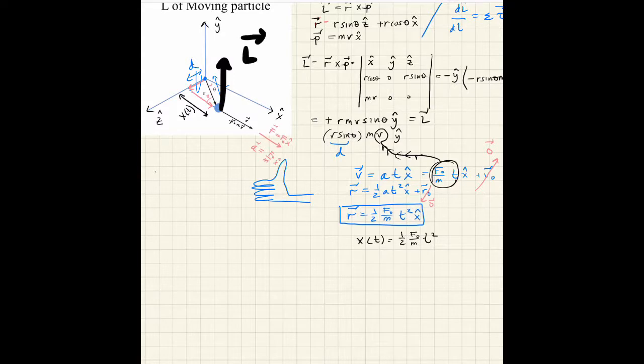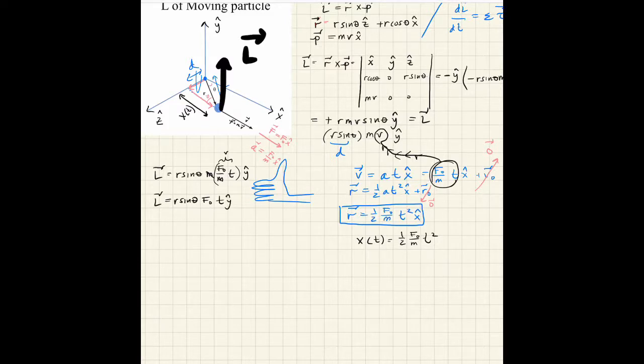For my angular momentum vector, I have r sin theta times m times v, and v I'm going to rewrite as F naught over m times t, all in the positive y-hat direction. This simplifies a little bit: L is equal to r sin theta, the m's cancel, F naught times t in the y-hat.